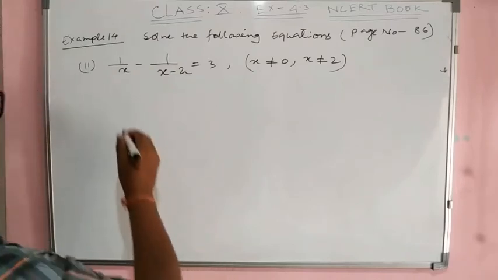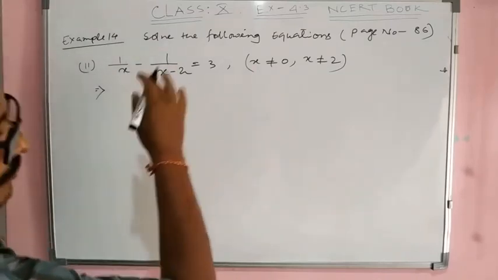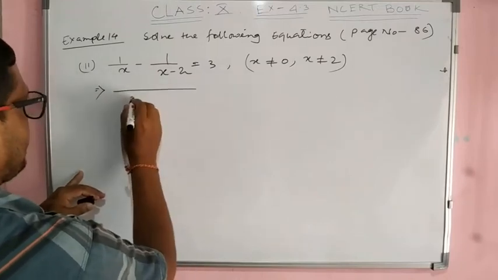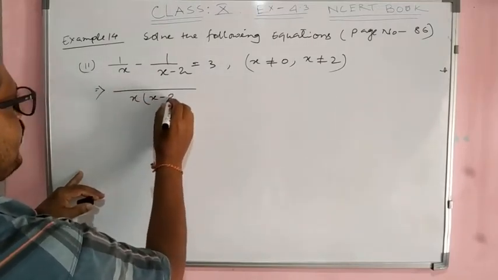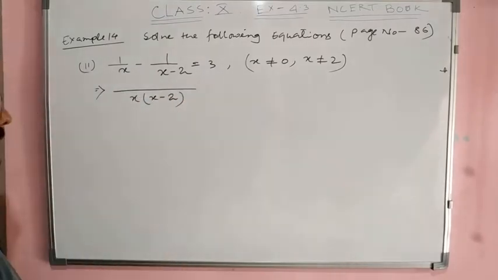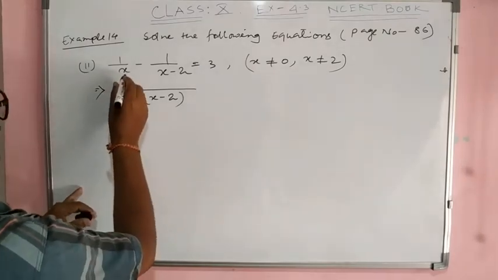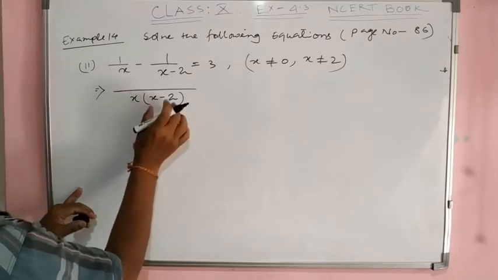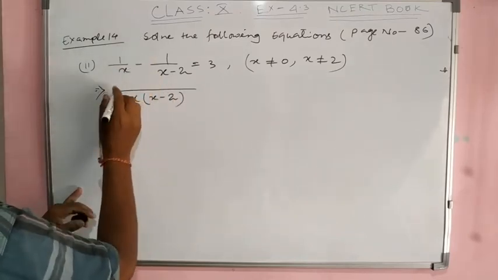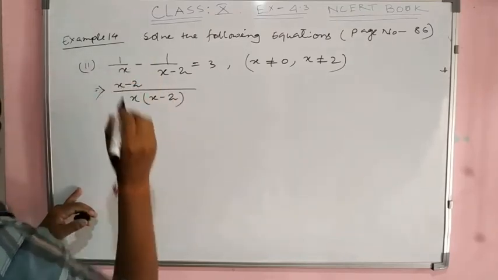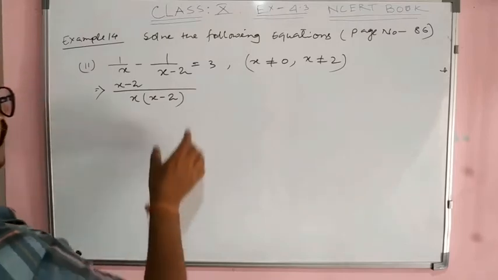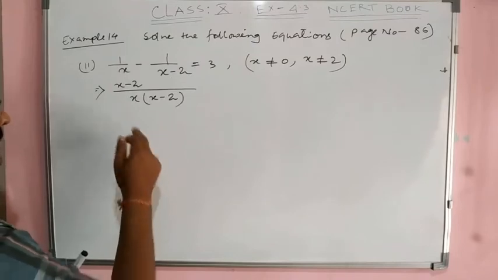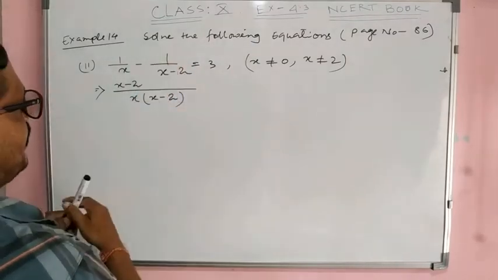So let us simplify and form this equation in standard form. Let us take the LCM. LCM will be x into x minus 2. By dividing this by this, x cancels, and this one will remain. This and 1 multiply, then we get x minus 2. Again this is to be divided by this, then x minus 2 will cancel, and x will be multiplied with this.